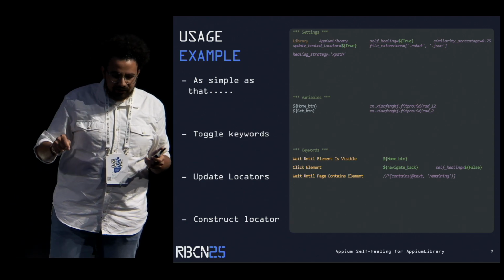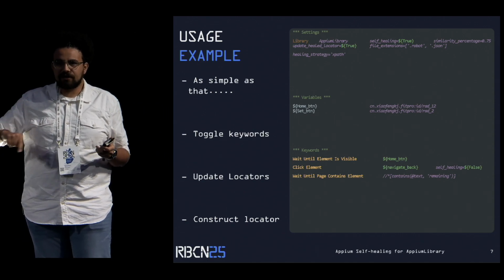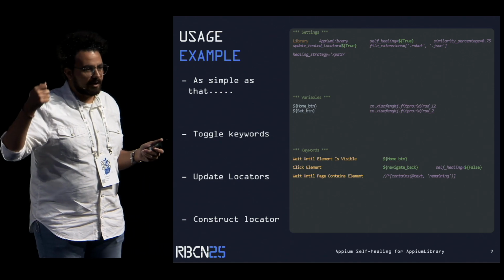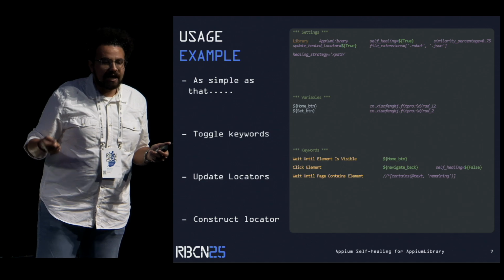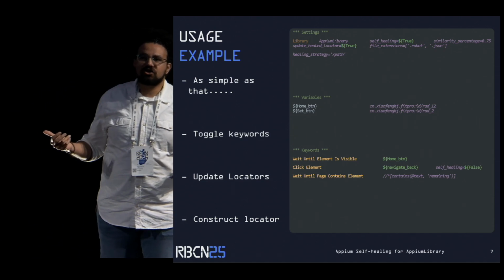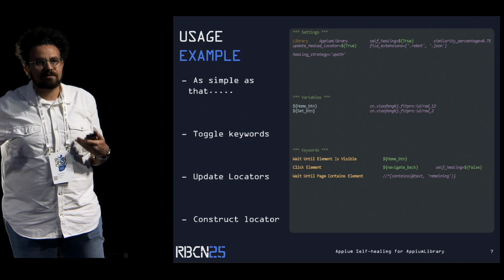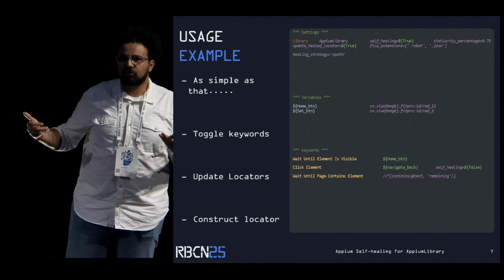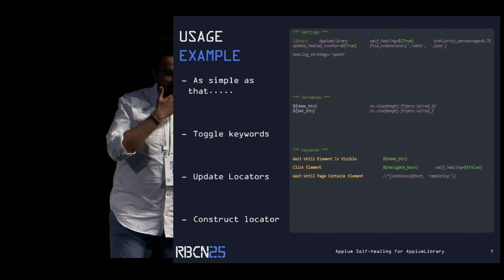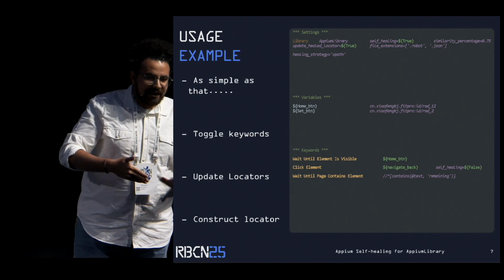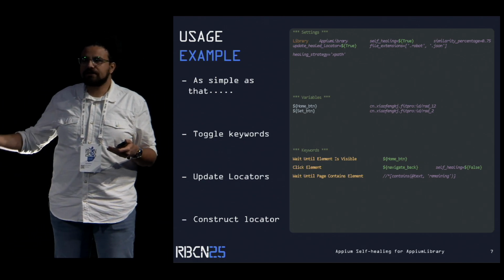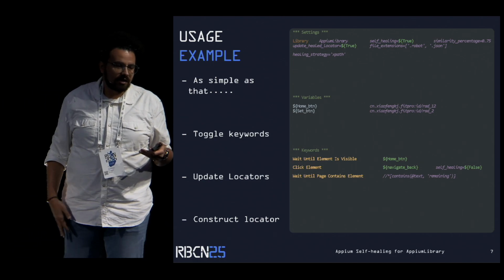And if you would like to replace the locators on the fly, you can just pass the parameter update healed locator, and you can even choose the file extension in which you are storing locators, because you can use JSON, or you can use robot files. And you can choose as well the healing strategy, whether it's XPath or ID or name or whatever.